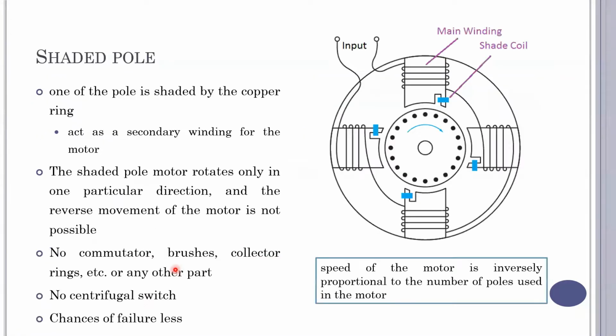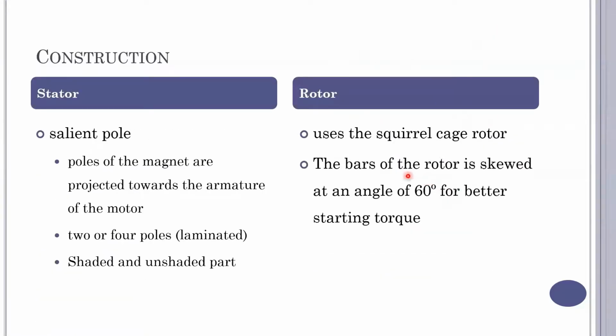And we have two portions: one is the shaded part and the other is the unshaded part. So this comprises the stator, and we have a rotor which is similar to the rotor of a squirrel cage induction motor, and the bars are skewed at an angle of 60 degrees so that we could get a better starting torque.